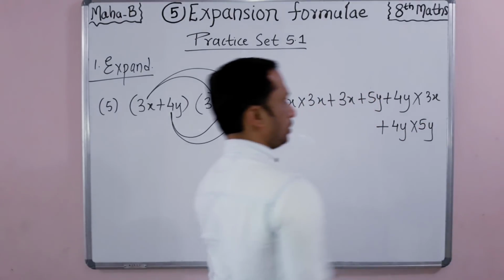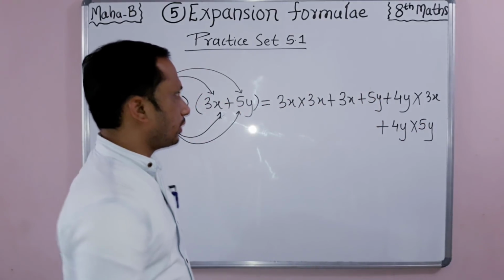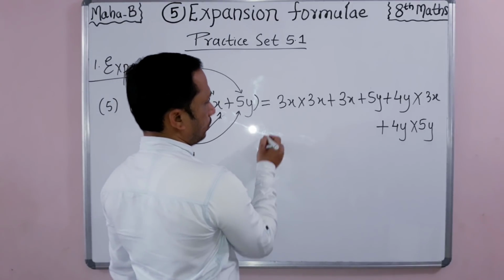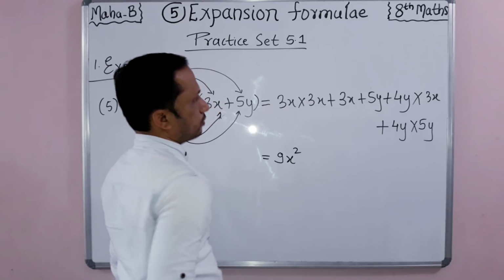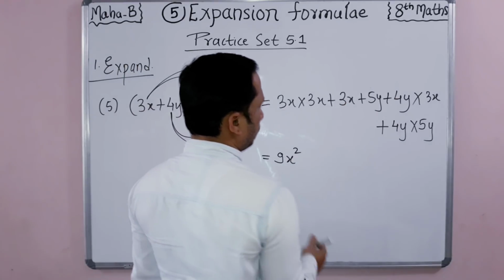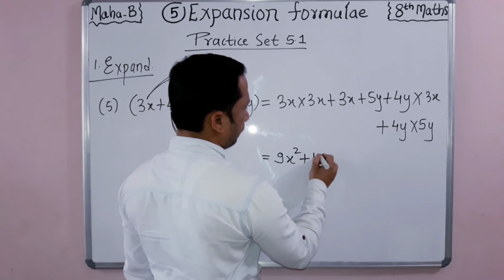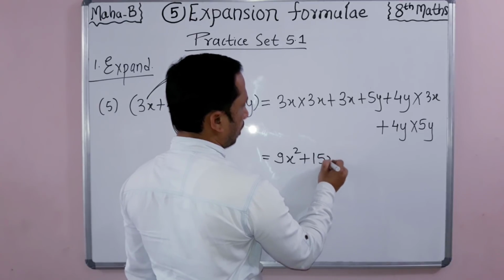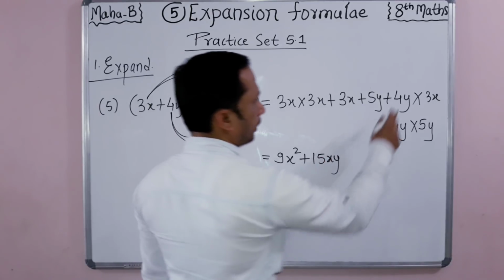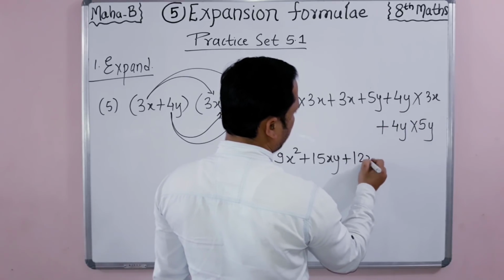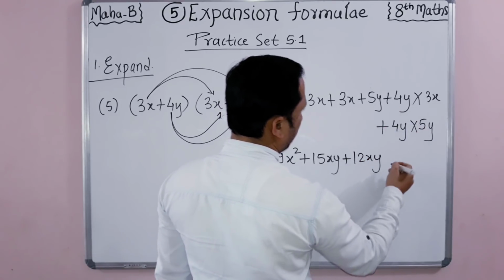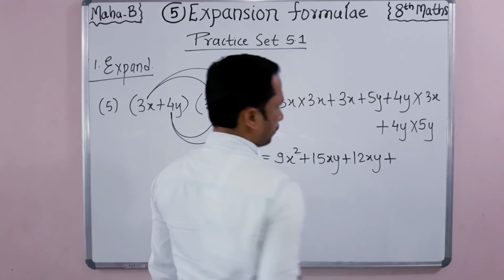Like this, first you write it, then 3x into 3x will be 9x square. 3x into 5y is 15xy, plus 4y into 3x is 12xy, plus 4y into 5y is 20y square.